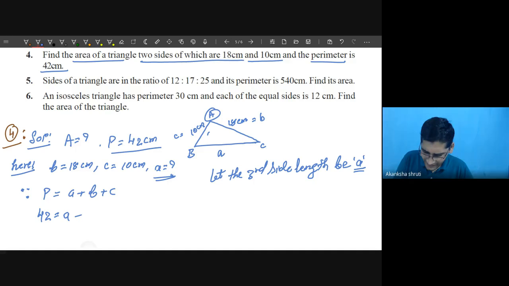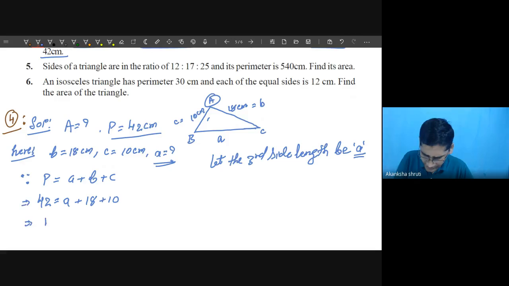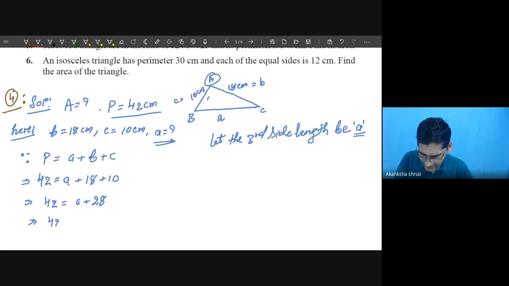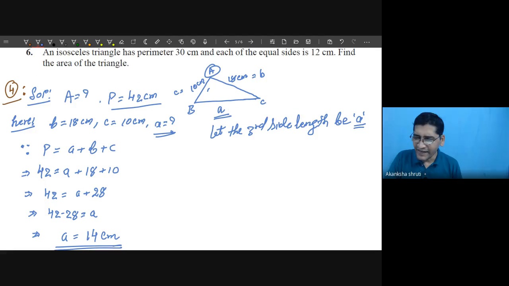So this a, the two given side lengths, one is our b as 18 and c as 10. So just substitute it. 42 is equals to a plus 28. So 42 minus 28 will give us the value of a. Now bring this a on left hand side. 42 minus 28 is our 14. So it is 14 centimeter. So one of the side length a we had calculated as 14 centimeter.